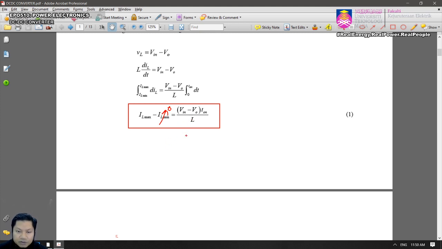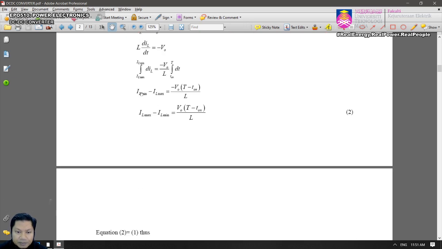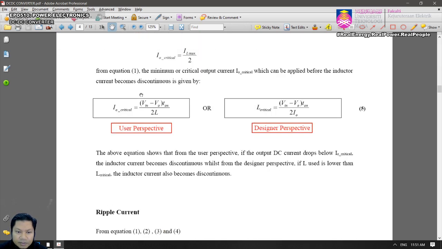So we're going to have this equation at the output, and using equation 1 just now as well as this equation, finally you find that I naught critical, the minimum size of the output current, will determine the boundary. So you can find the minimum current I naught critical equals (V in minus V out) T on over 2L.